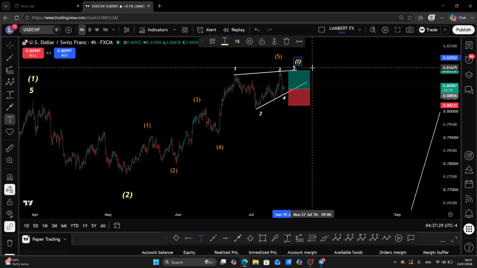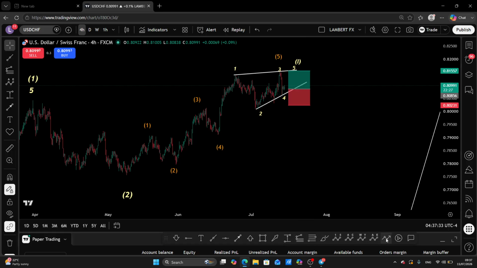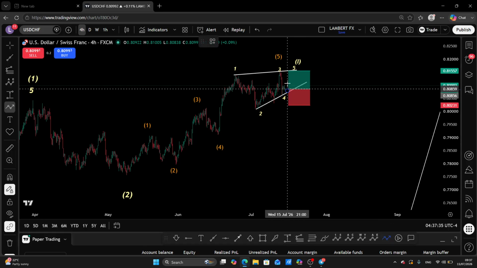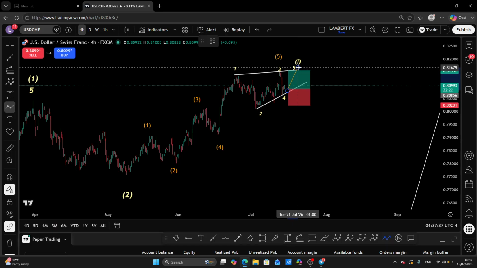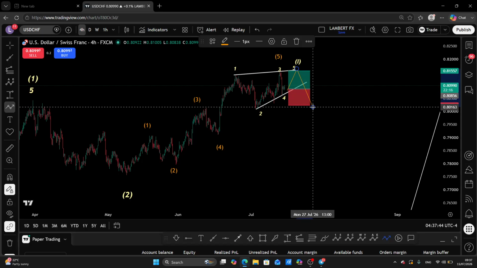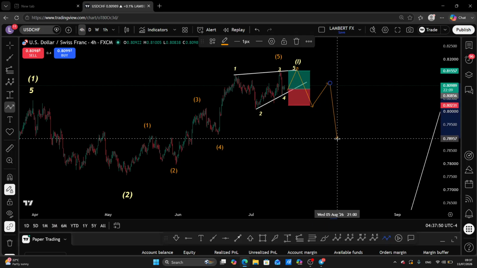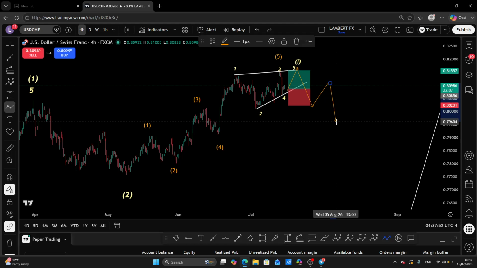Okay. So once this finishes, yeah, then we need to see a correction. We need to see an ABC leg down.